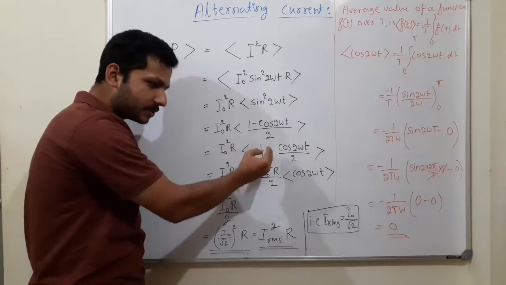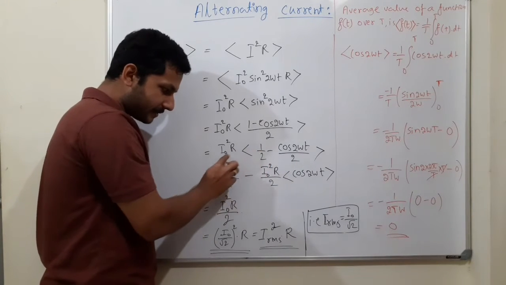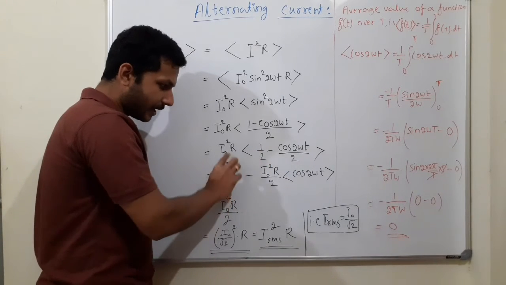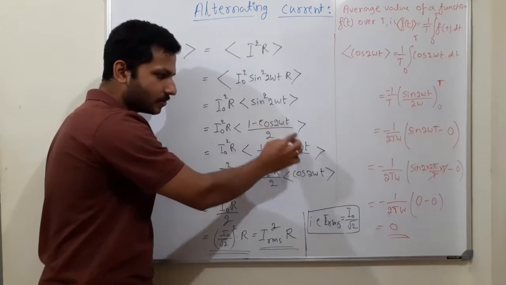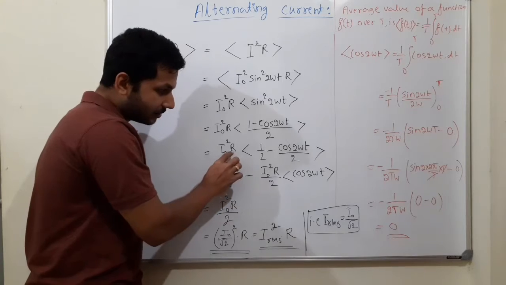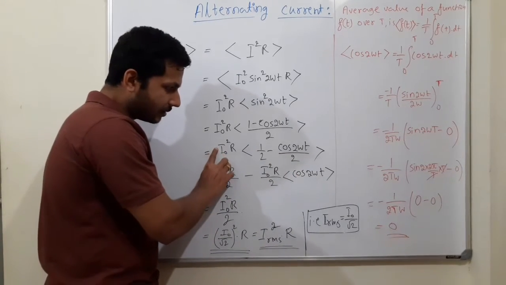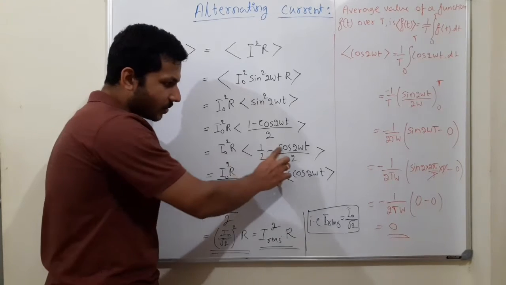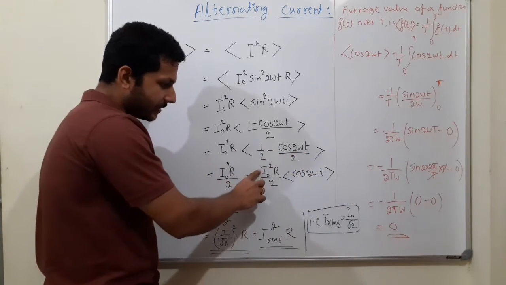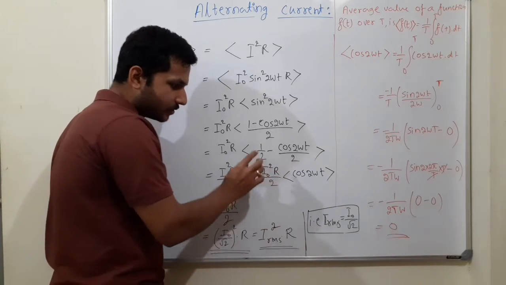Now you are multiplying it to each term. I naught square into half gives you I naught square R by 2. Then I naught square R into cos 2 omega t by 2.